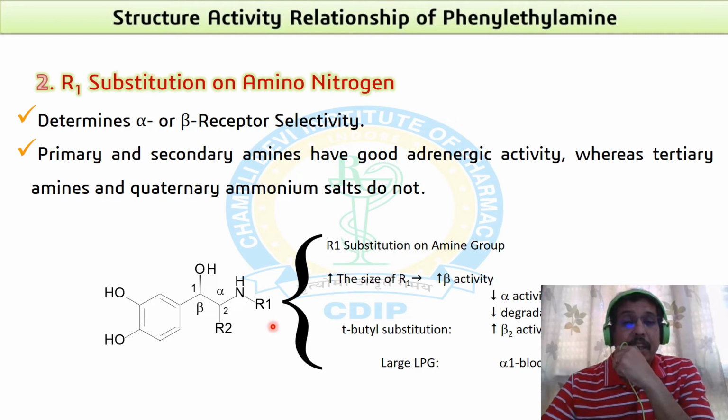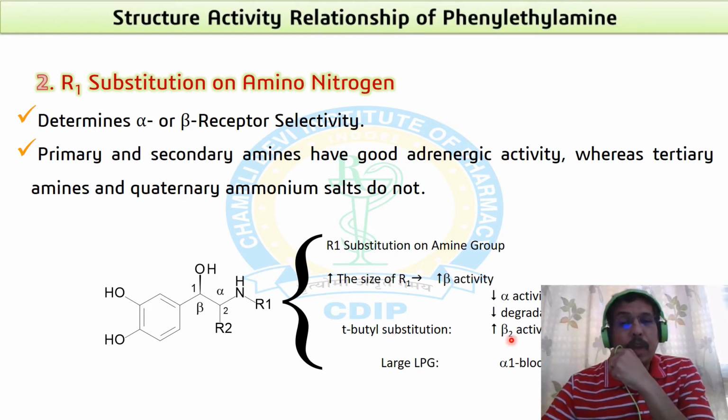If we change this to a tertiary butyl type of group, then in the case of beta there is beta 1 and beta 2, but with tertiary butyl the compound shows predominantly beta 2 agonist activity. And again something happens.